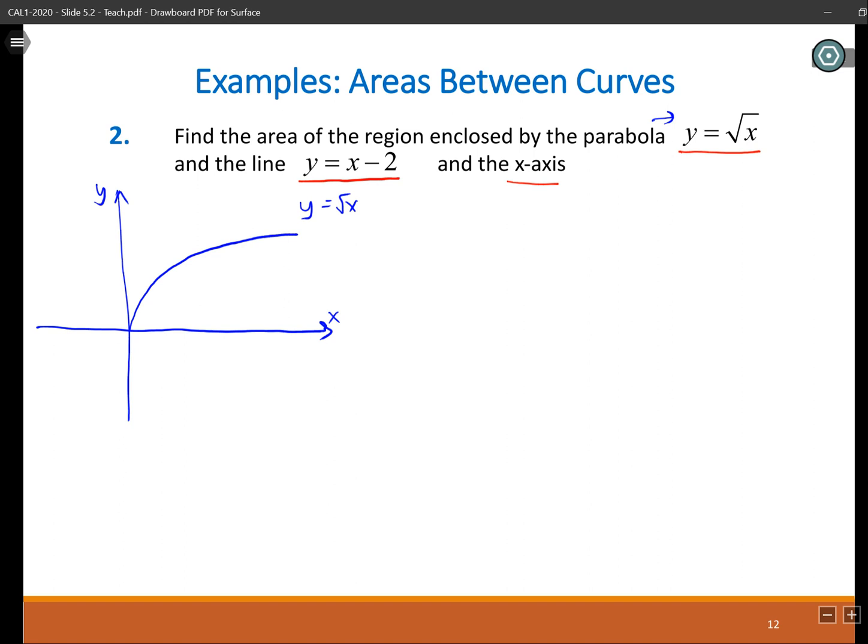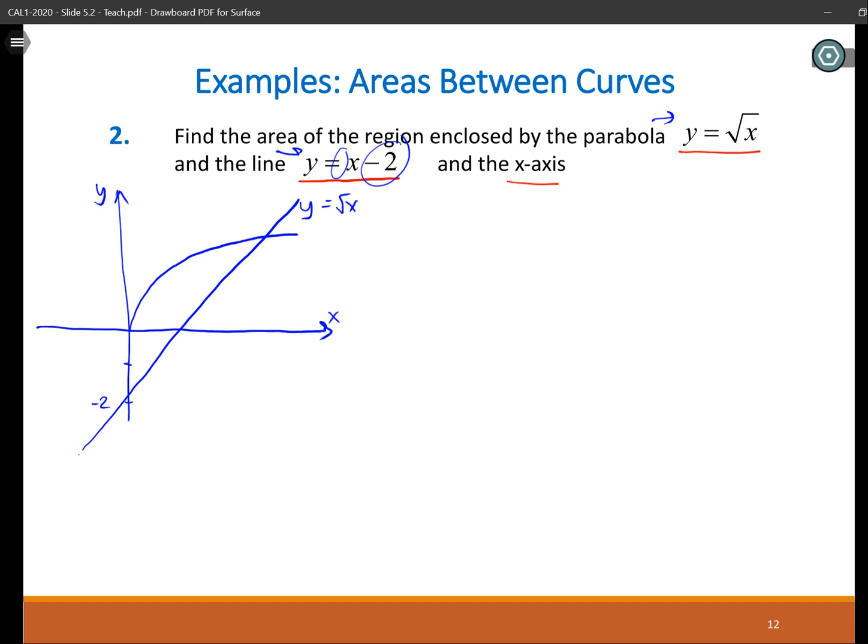Now the second curve, or I should say line, y equal to x minus 2. This is a straight line with a slope of 1, which intersects the y-axis at minus 2. So we have this minus 2 right here. So it's going to be this. Okay, this is good enough.